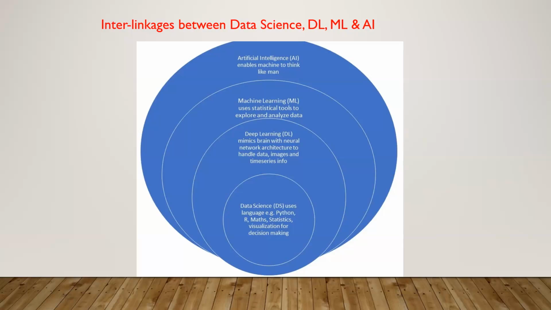But then the data is used by the mechanisms of artificial neural networks through deep learning, which mimics the brain with neural network architecture to handle the data, images, and time series. Related to this is also machine learning, where the algorithms are used to train the machines to mimic human beings and undertake activities.